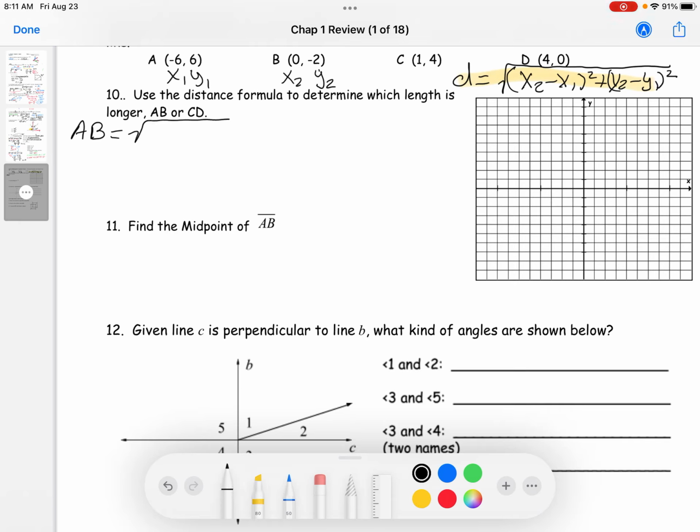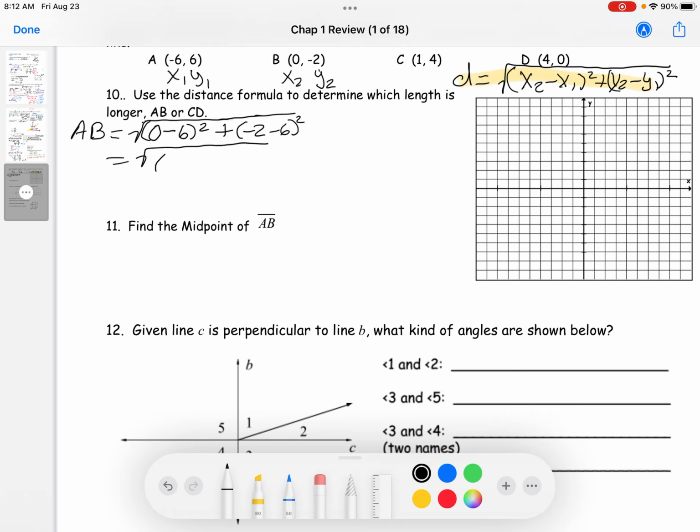So AB, square root of x2 minus x1. Let me see if I can make this a little smaller so I can fit everything on the page. So x2 minus x1, x2 is 0, x1 is 6. Square both of those. And then y2 is negative 2, and y1 is 6. And then you square both of those as well.